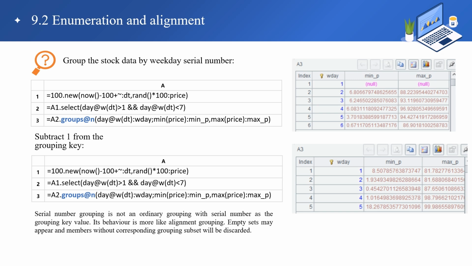Its behavior is more like alignment grouping. Empty sets may appear and members without corresponding grouping subset will be discarded. The effect of using at n for group function is similar to that of groups function, and we won't elaborate here. Another advantage of serial number grouping is fast calculation speed, because the correct grouping subset can be found directly with serial number without comparison operation.